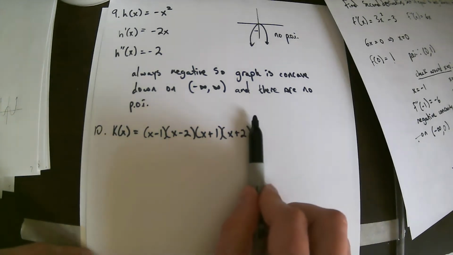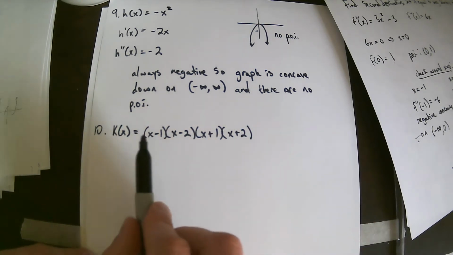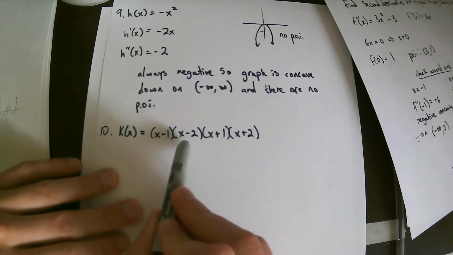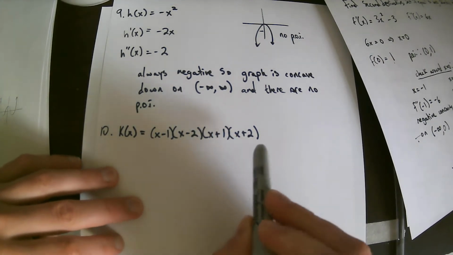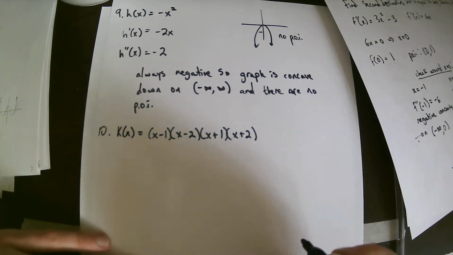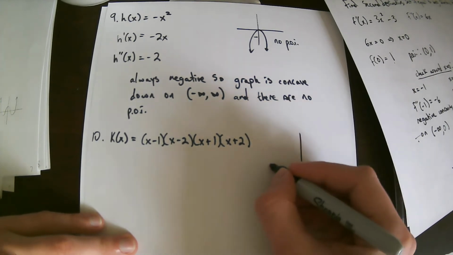Both sides are pointing up, because it's positive and it's 4th degree, and it's got 4 different x-intercepts. One at 1, one at 2, one at negative 1, and one at negative 2. That's where the zeros of this graph are. So it must look something like kind of a W.